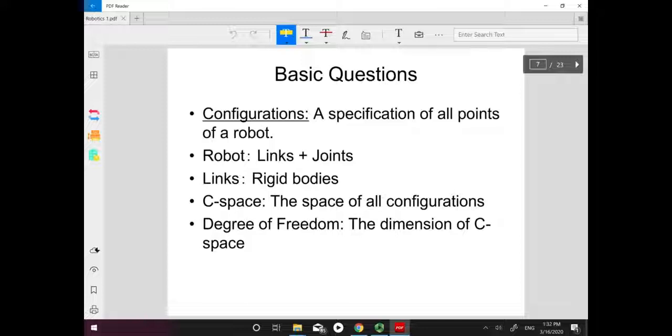Okay, and C-space, also called workspace of robots, is the space of all configurations. It means all the space that these robotic points can achieve. And the next concept is the degree of freedom, which is the dimension of C-space, meaning how many degrees of freedom a robot can achieve.